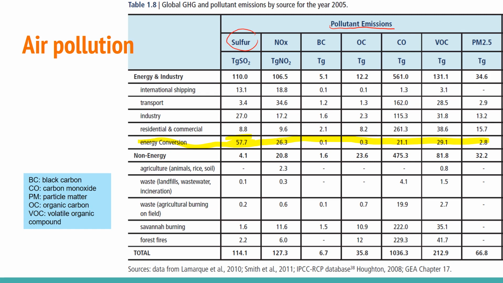Then you have the carbon monoxide, that is a dangerous gas that really can kill you. And then there are the different types of particles. There are different measurements of particles. It depends on the size of the particle.